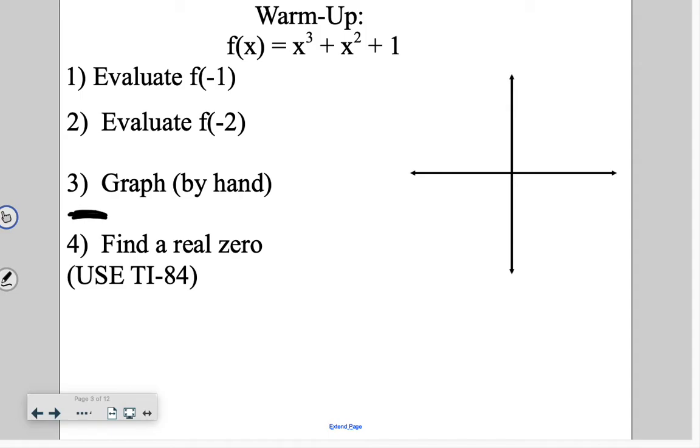Evaluate f at -1, the value of the function at -1. Find f at -2. And then using those points and what you know about a cubic function, sketch the graph by hand. Put some nice points on there. Like I said, I'll give you a couple of minutes to do that.